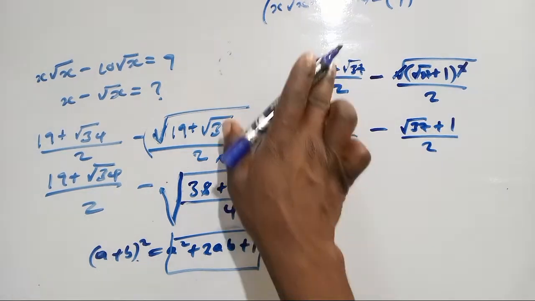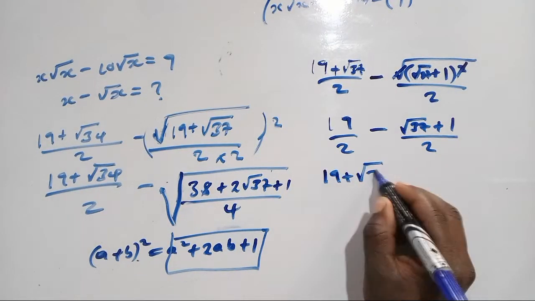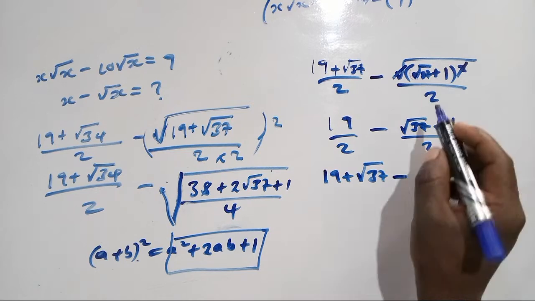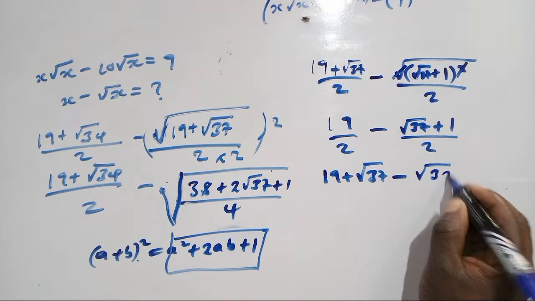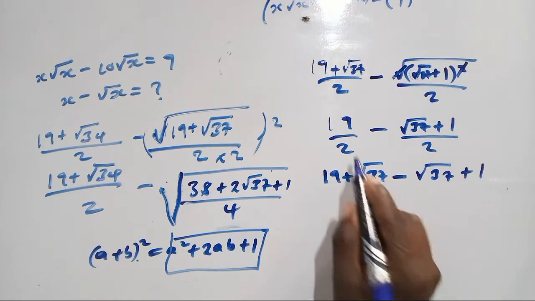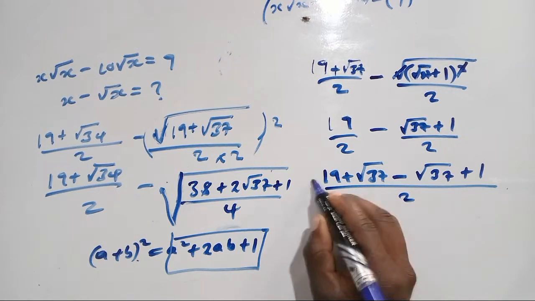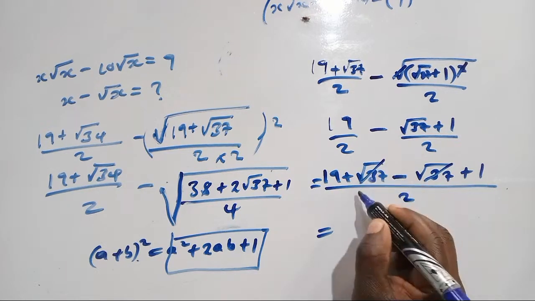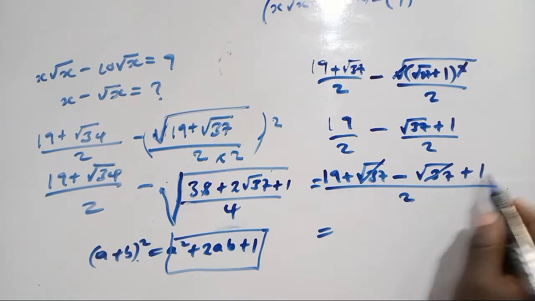Then even here, I forgot, here we have 19 plus root of 37 minus root 37 plus 1 over 2, because the common denominator is the same, which should be equal to, this square root and this square root of 37 go, because we have positive and negative, in which we remain with 19 plus 1.